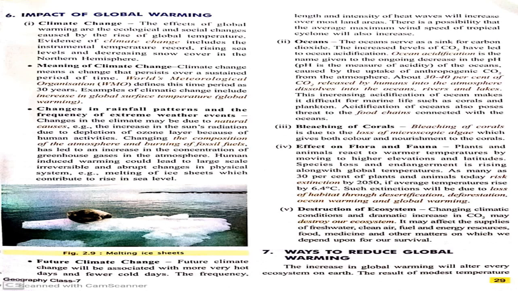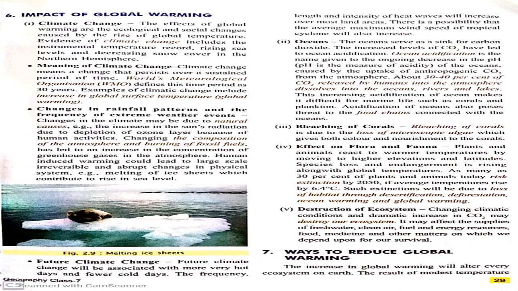So how do the animals react to this warming temperature? They move to higher altitudes or elevations. Species loss and endangerment is rising along with global temperature. Many species are already endangered, and it is all due to the global temperature.